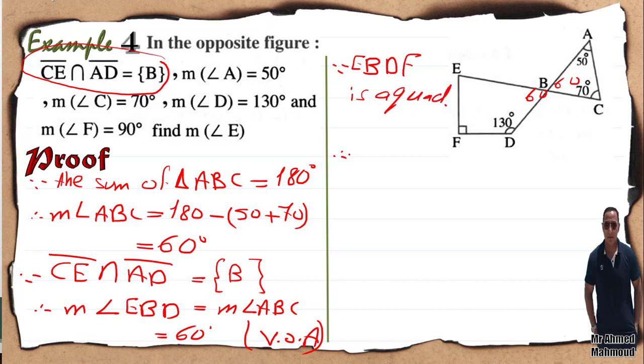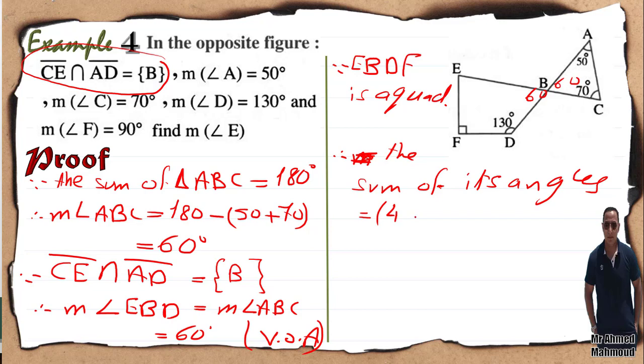Therefore the sum of its angles equals 4 minus 2 times 180 equals 360 degrees.